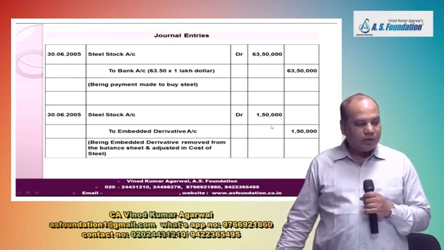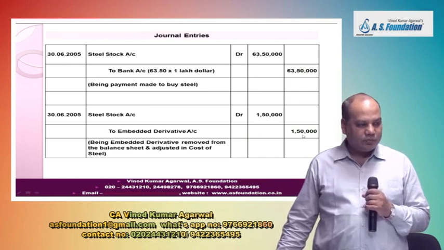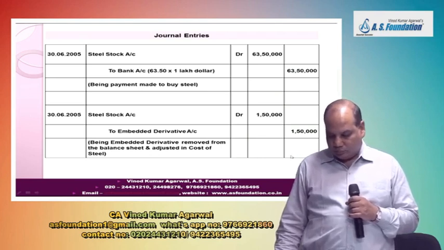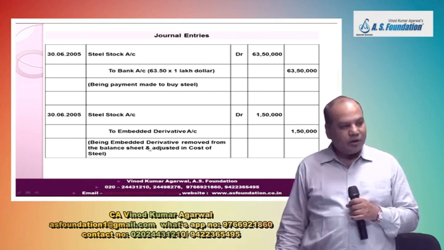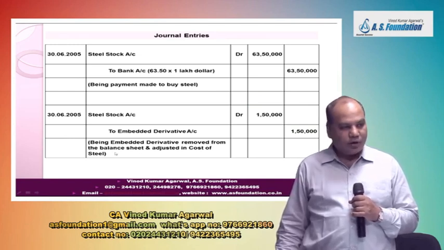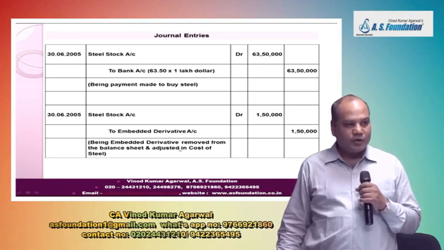Steel stock account debit 1,50,000 to embedded derivative account 1,50,000. Narration: being embedded derivative removed from the balance sheet, sorry, statement of financial position, and adjusted in the cost of steel.